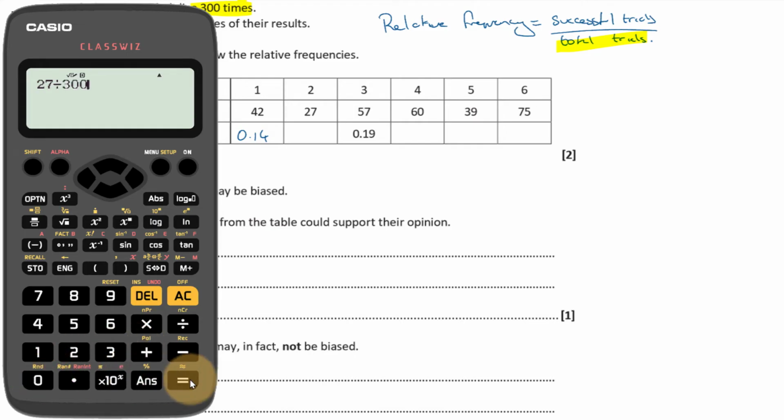Okay, 27 divided by 300, that is 0.109. 60 divided by 300, that is 0.2. 39 divided by 300 comes to 0.13, and 75 divided by 300, that comes to 0.25.